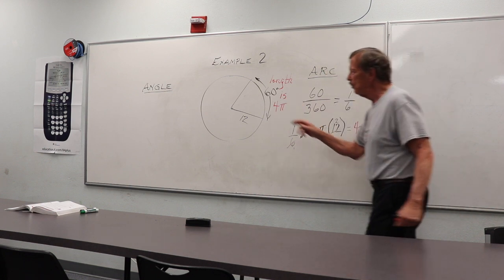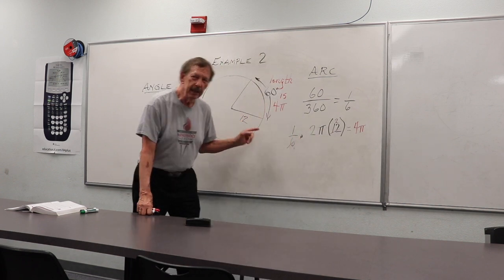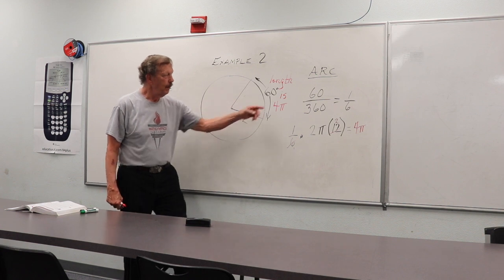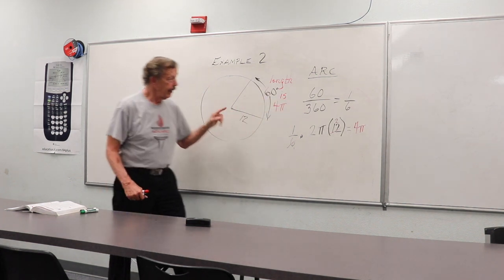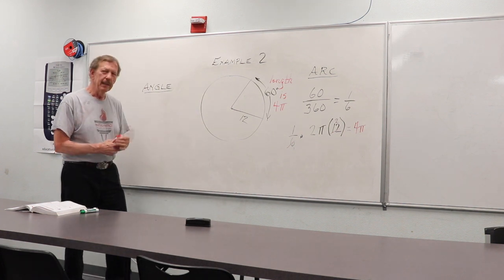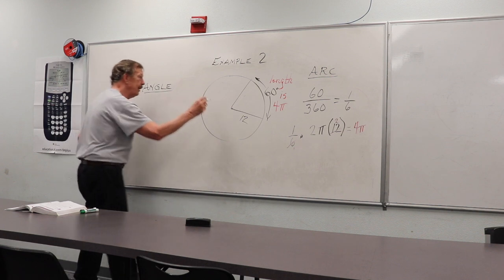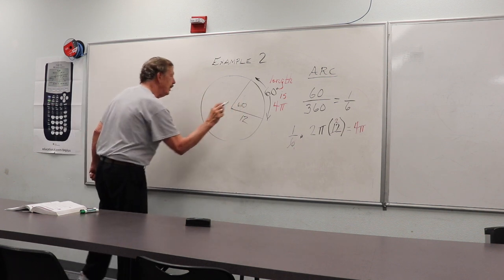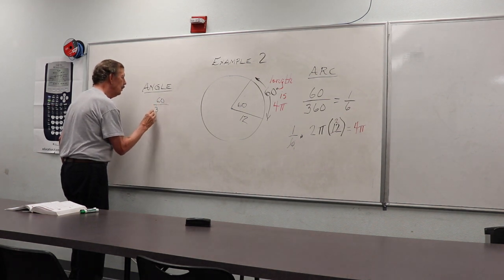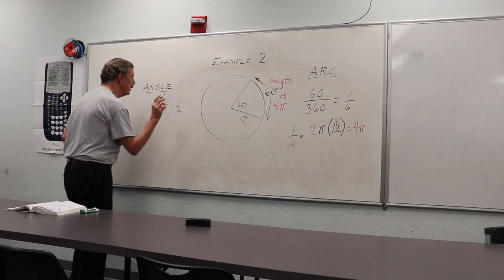So whether we begin with an angle or whether we begin with an arc, it doesn't matter. If we begin with an arc, we compare that to 360. If we begin with an angle, we compare that to 360. Here's a check. If the arc is 60, the angle is 60, and we get exactly the same 1/6.